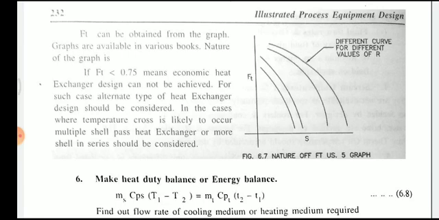For such a case, an alternate type of heat exchanger design should be considered. In the case where a temperature cross is likely to occur, a multiple shell pass heat exchanger or more shells in series should be considered.